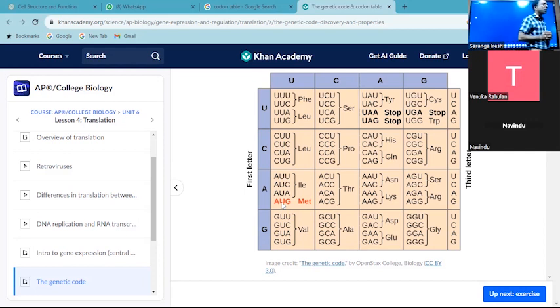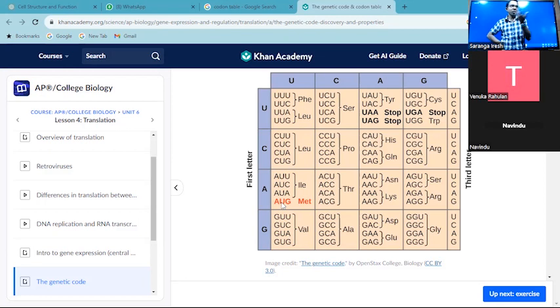And also in the table, you can see there are 3 stop codons: UAA, UAG and UGA. Stop codon means that for these, there is no tRNA to carry an amino acid to that particular place. So from that point onwards, the protein is not synthesized.